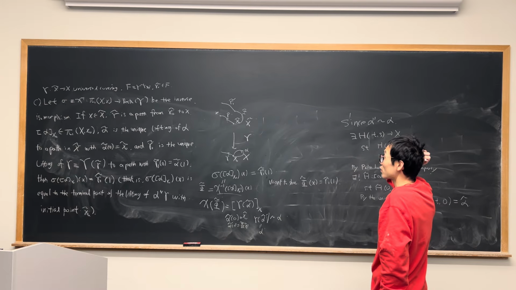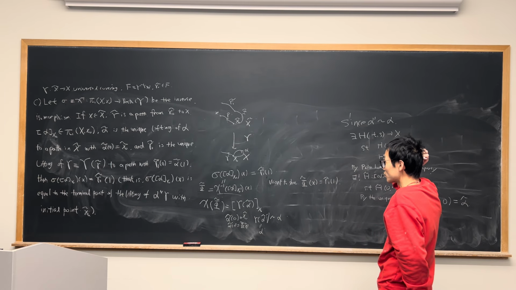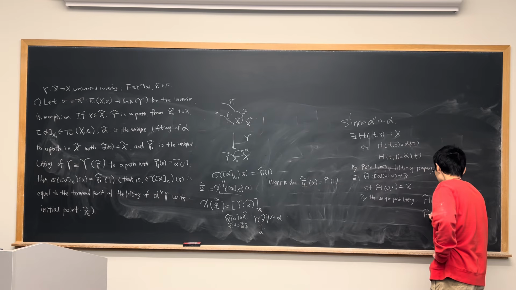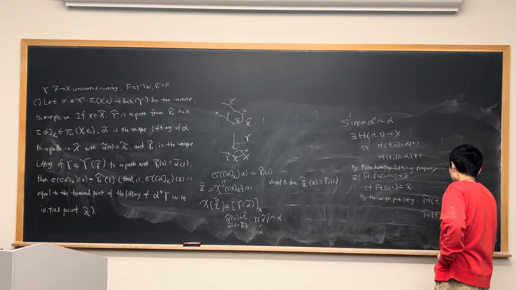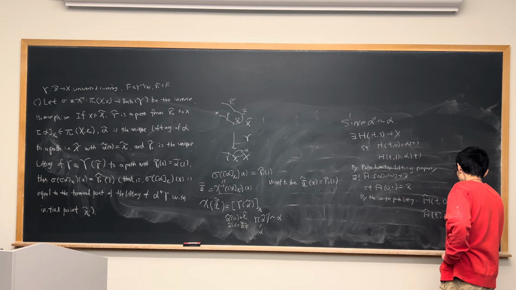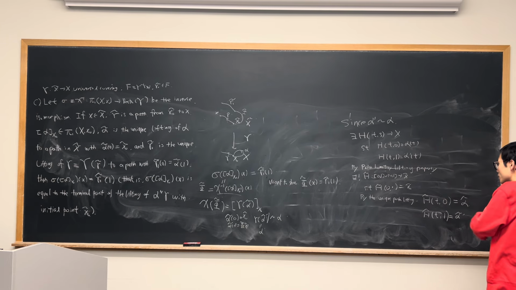Because we define alpha tilde to be the unique lifting of alpha with initial point x naught tilde. And then this h tilde of 1 must be equal to this guy, alpha tilde prime, by definition.